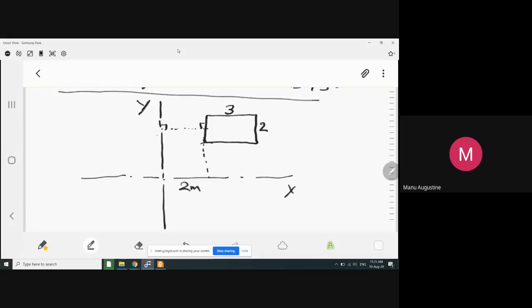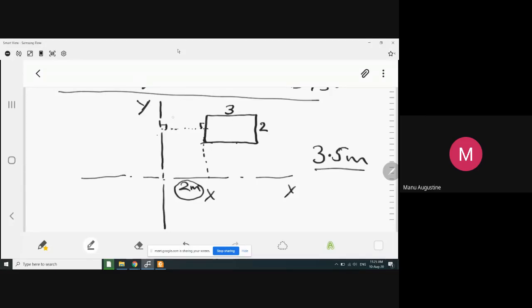Is the answer to the question, how far is this rectangle from the y-axis, 2 meters? No. The answer to this is 3.5 meters. So once again, the question is how far is the rectangle from the y-axis? And the answer is 3.5 meters.